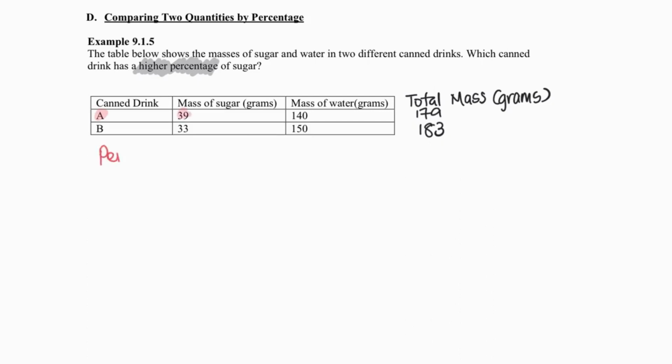So the percentage of sugar for can drink A will be equals to 39 over the total, which is 179, times 100%.